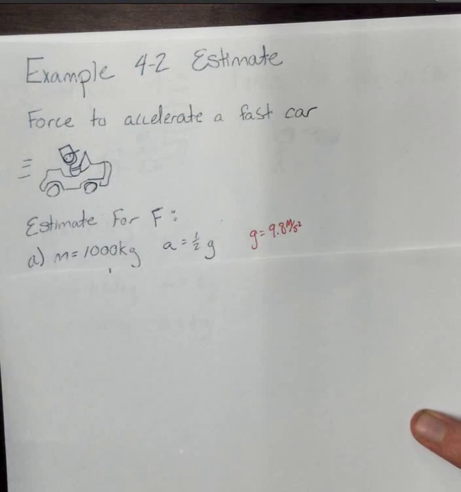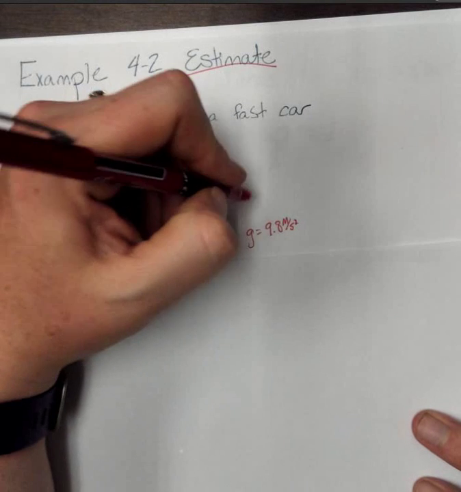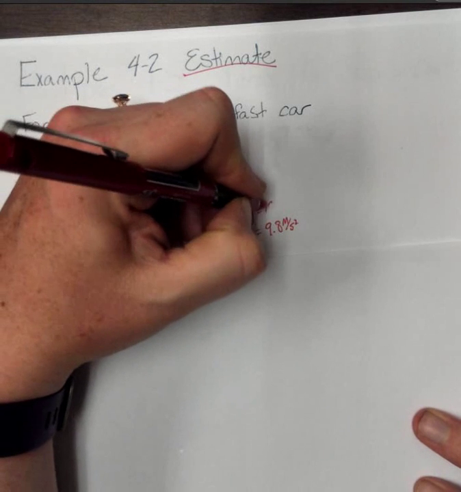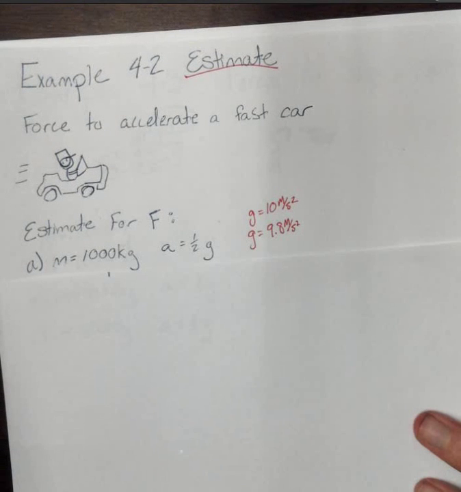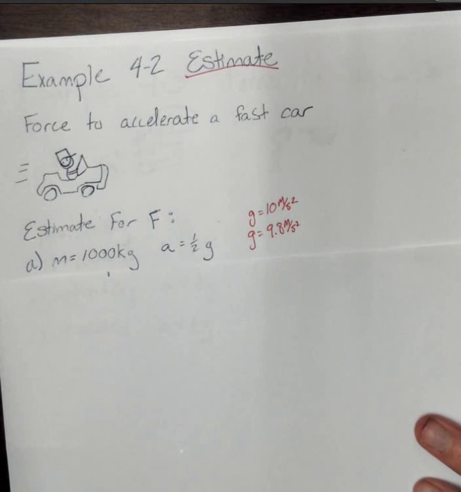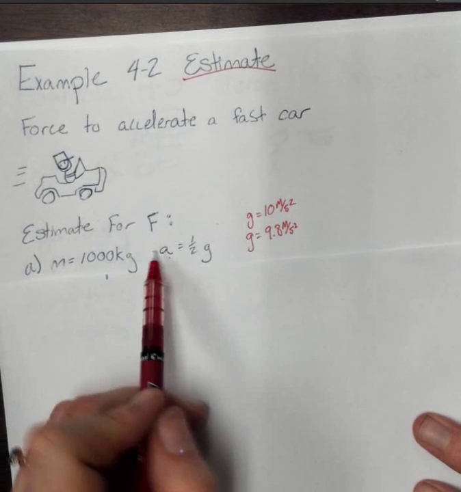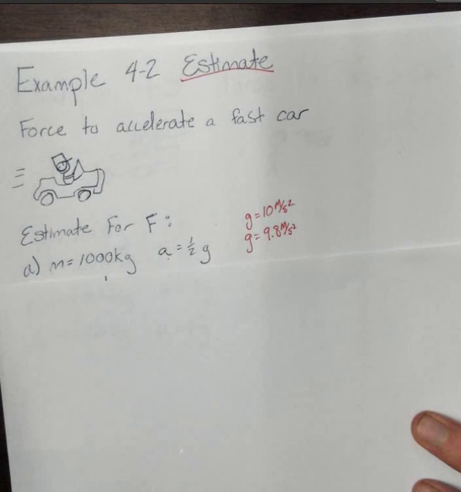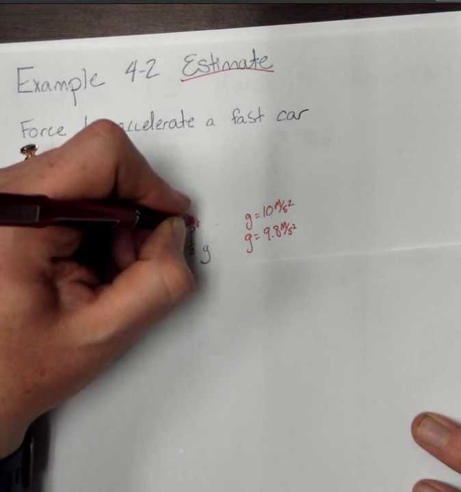But we're asked to just estimate which means that rounding to less significant figures is going to be just fine. And so I'm going to round g to 10 meters per second squared, which is, instead of 2 significant figures, it's 1 significant figure. And now an acceleration of 1/2 g would be an acceleration of 1/2 of 10, so that means that our acceleration in this case is 5 meters per second squared.